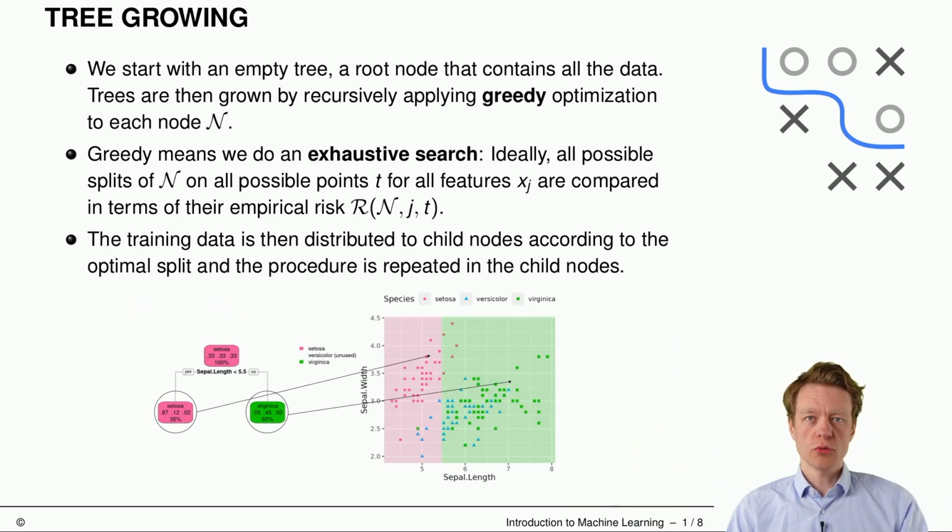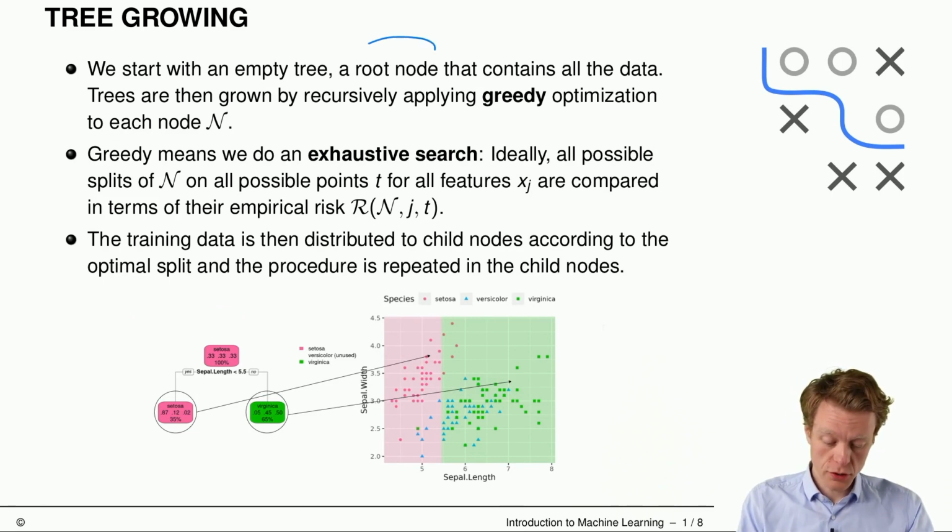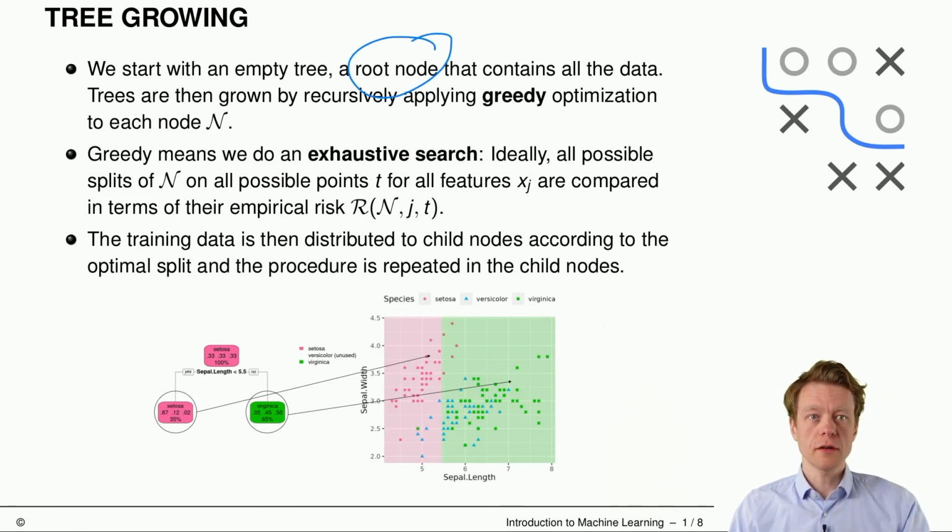If we want to grow a tree, so this is the step of learning the tree, we start with an empty tree, so it's just the root node that contains all the data points. The trees are then grown by recursively applying greedy optimization to each node.